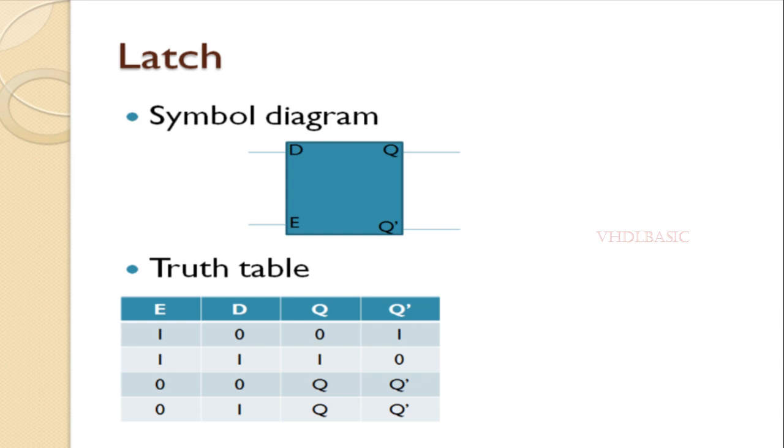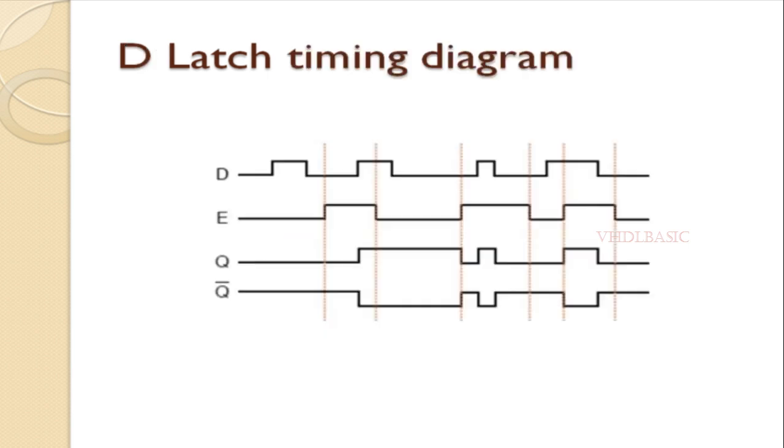So this is the truth table of latch. This is the timing diagram of D latch. If you see, D is changing here, but with respect to enable, if enable is 0, Q will be in the previous stored value itself. So that's why it remains 0 here.